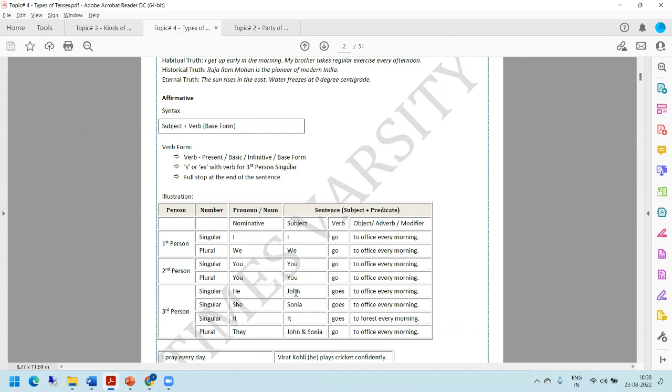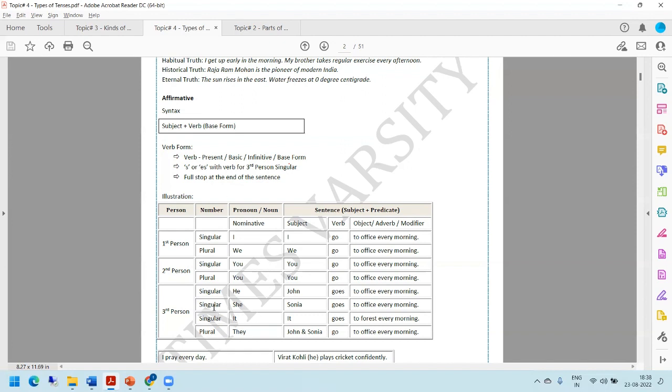You can see here, John goes to office every morning. We can use a noun or a pronoun, that is fine, but that is third person singular. So John goes to office every morning, or he goes to office every morning. And in this one, es is added to the verb as per the rule.